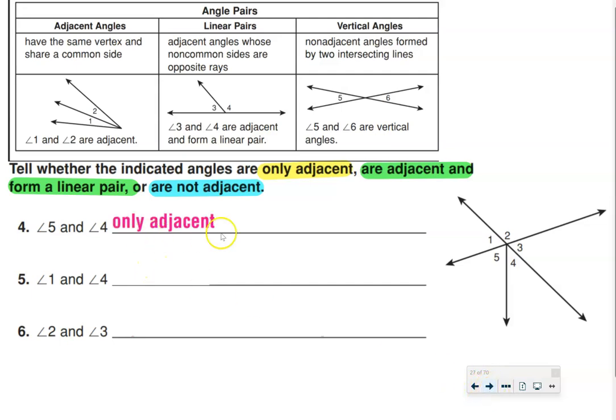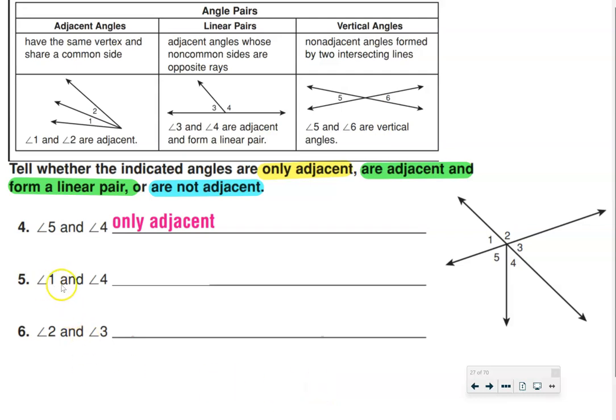They're only adjacent. They share a common side here in the middle, right? And the non-common side pieces do not form a straight line, so they are only adjacent.